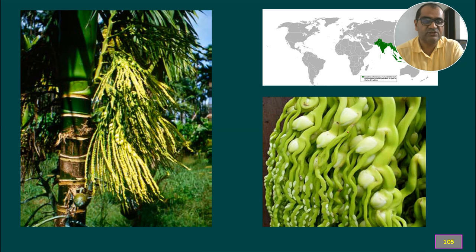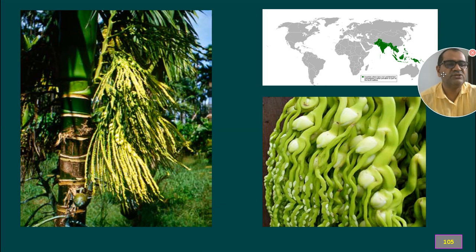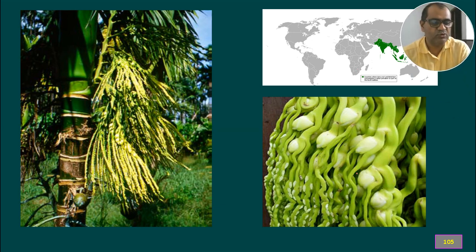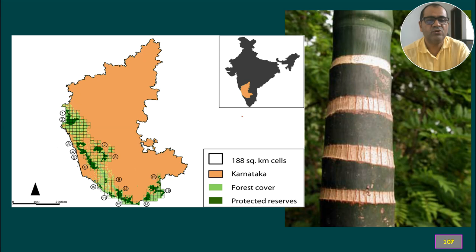Areca nut is grown in India, other parts of the country, Sri Lanka and many more countries, or the Malay countries. Then the areca nut spade or the leaves can be made into fine powder and fed to cattle to the extent of maximum 30% only, not more than that.